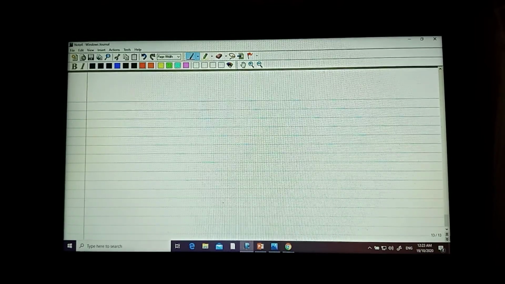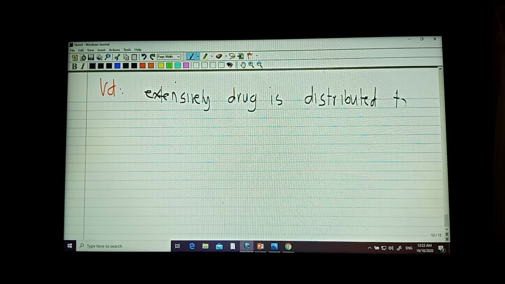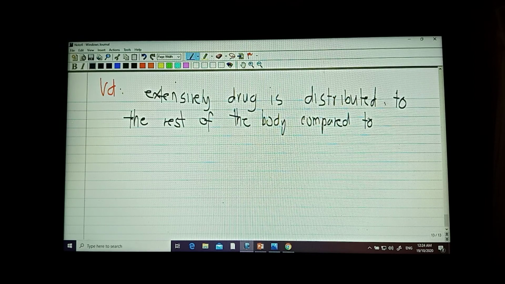Now, let me summarize. So, again, your VD, what does your VD tell us? It tells us how extensively drug is distributed to the rest of the body, compared to the plasma.